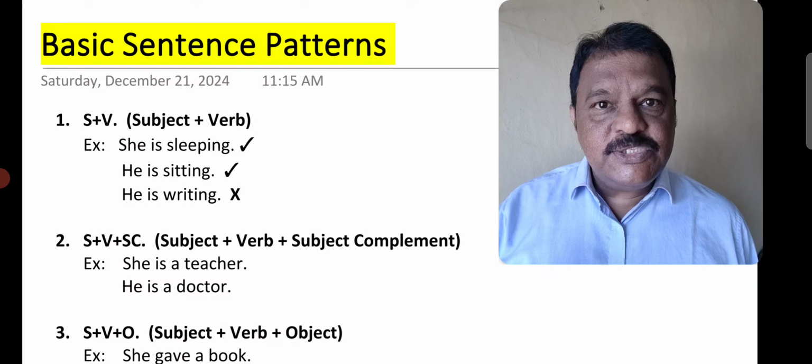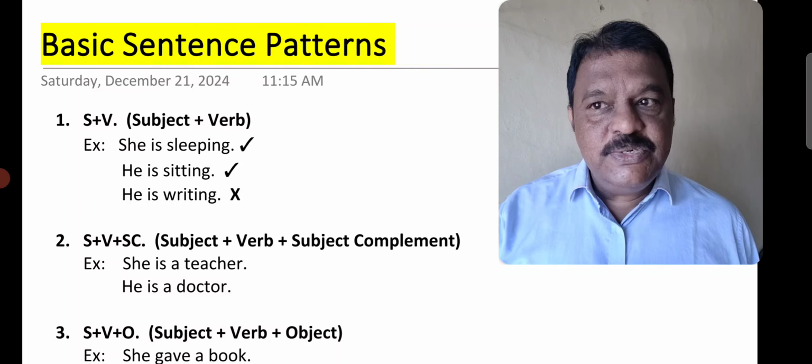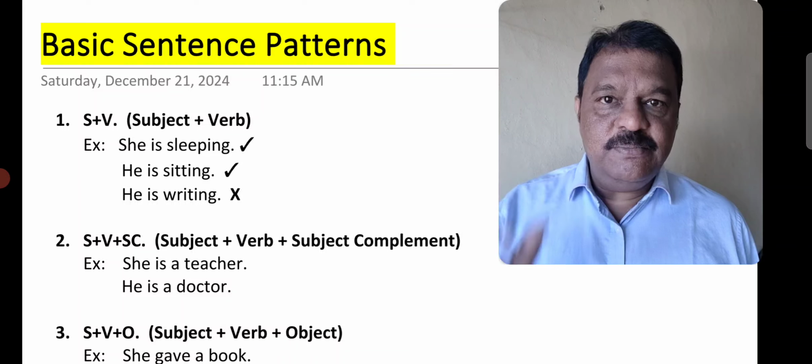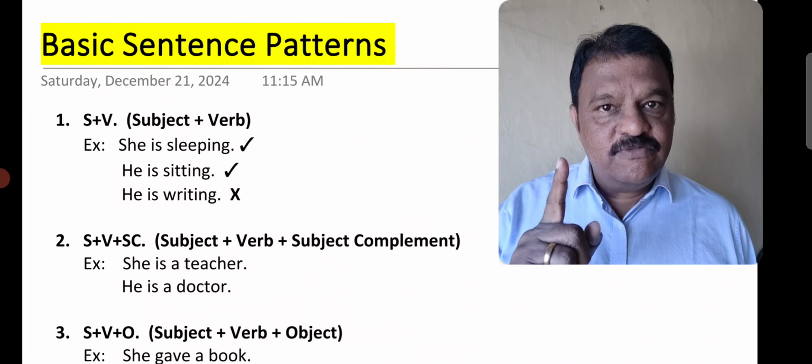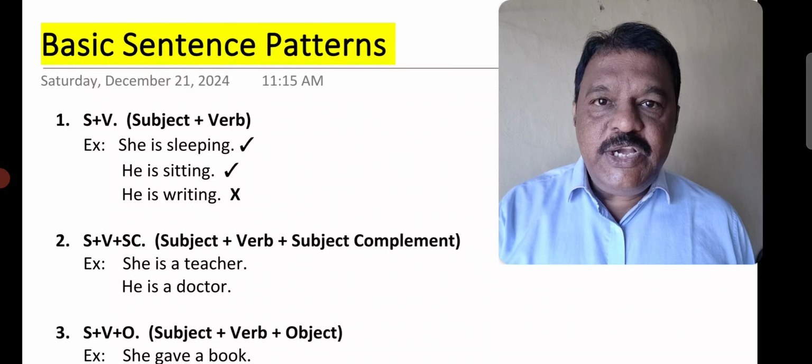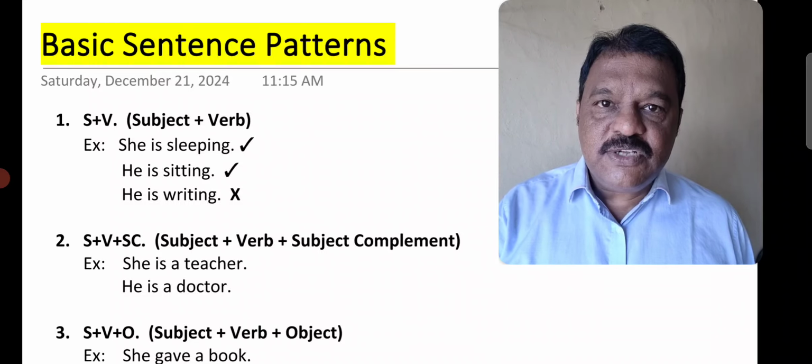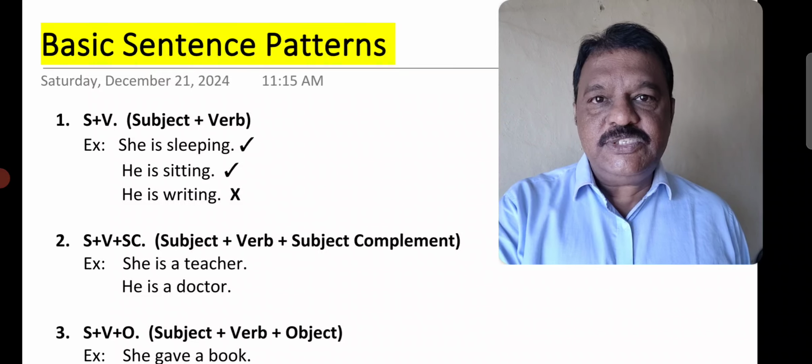So, when we produce sentences under this pattern S plus V, it's always good to stop only with subject and the verb. If you use intransitive verbs, you don't need to put an object after the verb in your sentence.